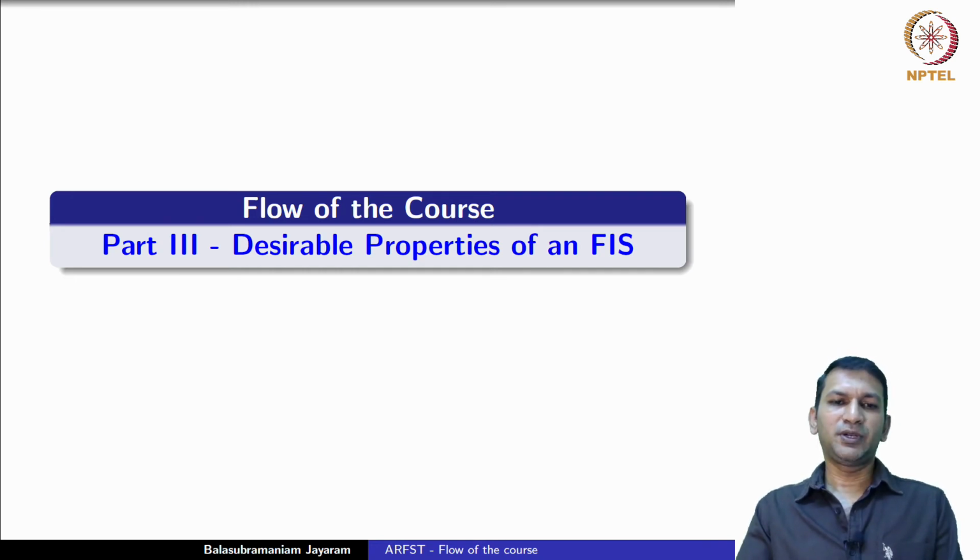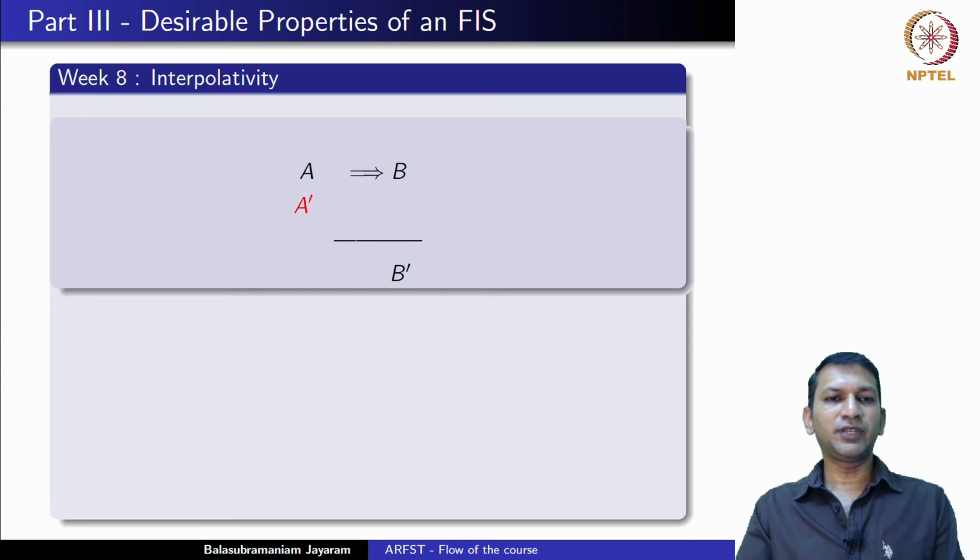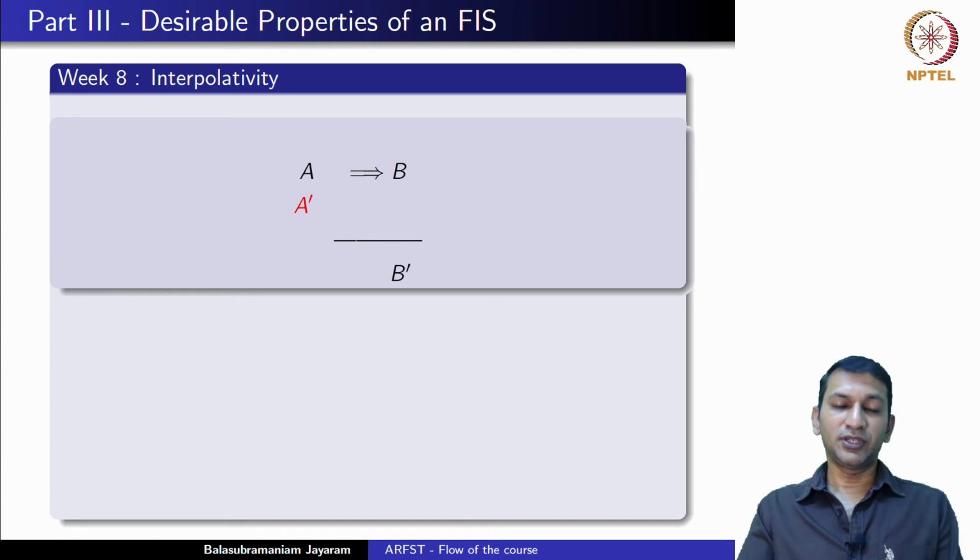What are the desirable properties of fuzzy inference systems that we will be discussing in this course? The first of them is what we call interpolativity. Once again, this is the general schema of generalized modus ponens. A dash is the given input.